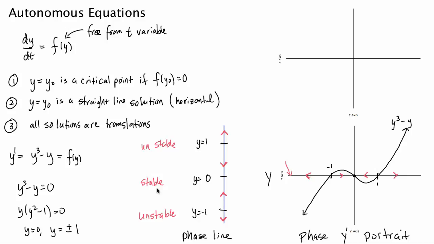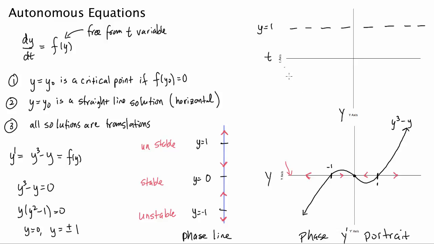Alright, so what if we wanted to sketch solutions? Well, because we know the critical points, we know we have some straight line solutions already. For example, if I start right here, I can draw in a straight line solution at the point y equal to 1. So this is the graph of y versus t.